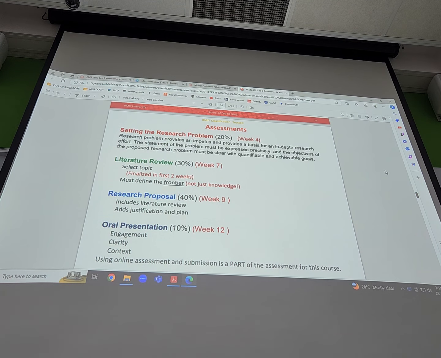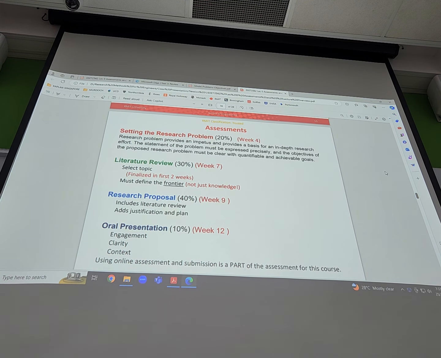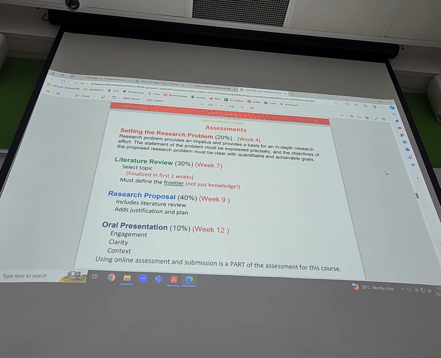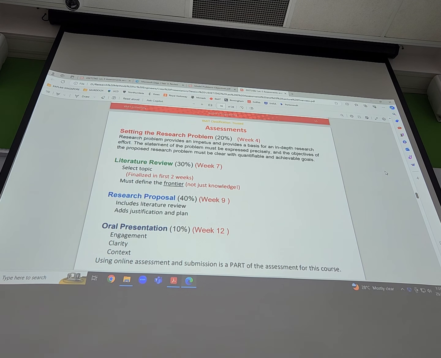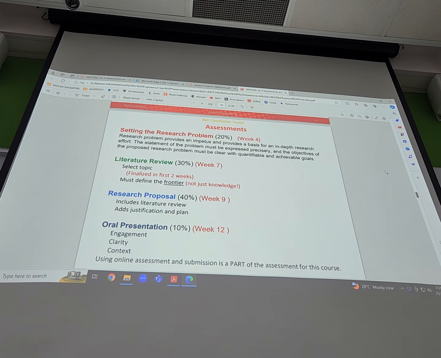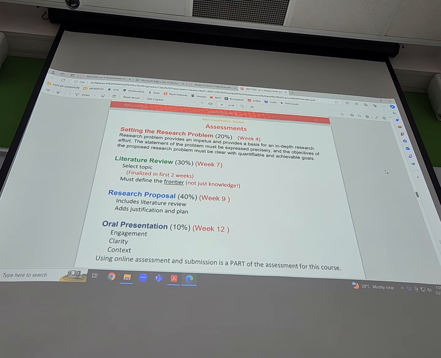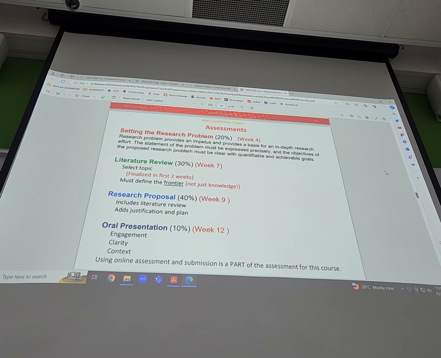After that you will have the oral presentation, 10%. And let me tell you, every component is important. To score high, every component is important. So you need to put your heart and soul and mind into all these things.